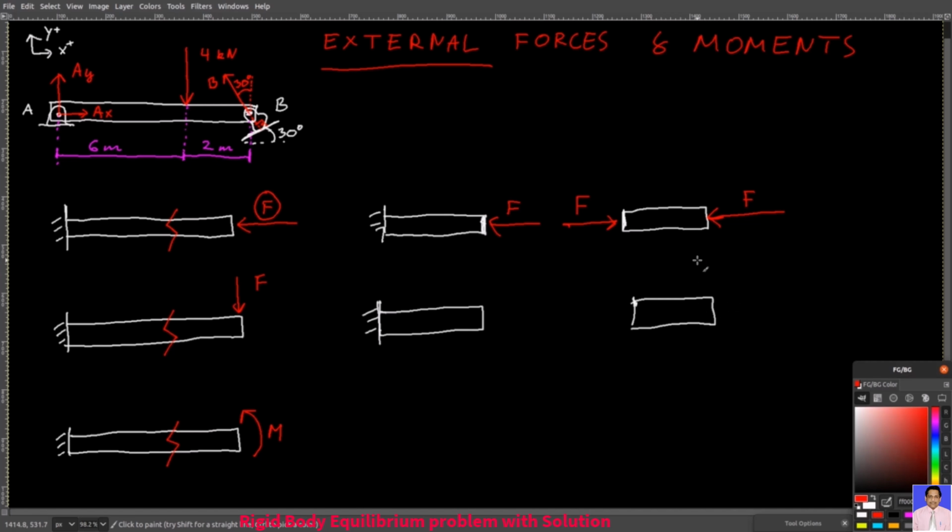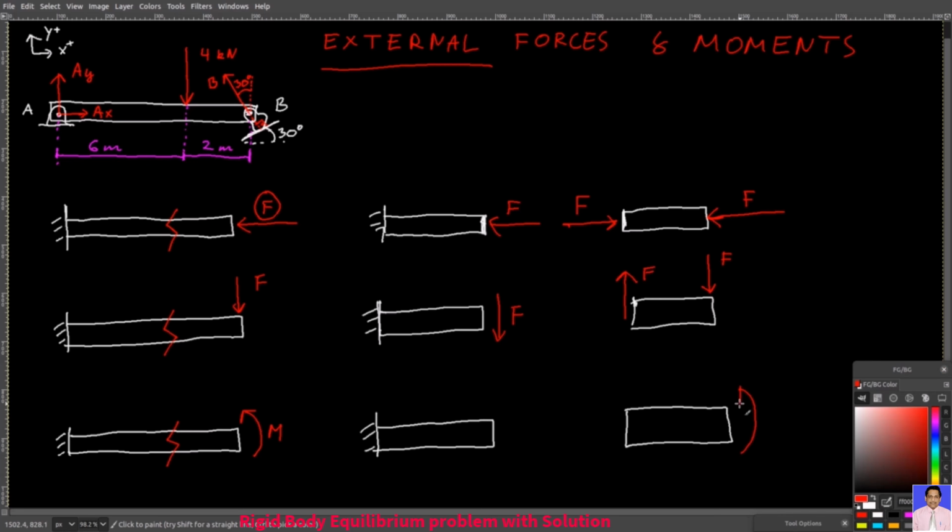And the same thing here, I have this vertical external force, F, but this piece needs to be in equilibrium. Otherwise it would start moving. So I have to have this force cancelling the external force. And due to Newton's third law, I have this force here in the opposite direction. And the same thing here.